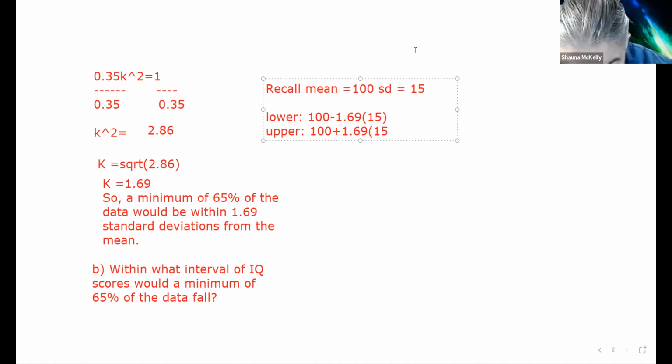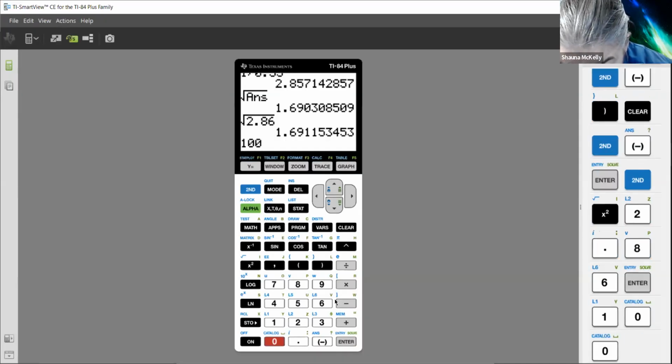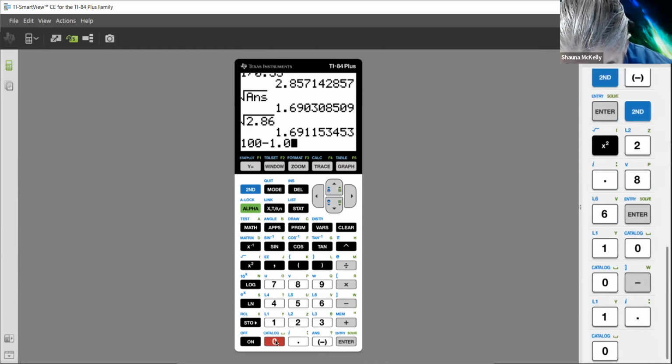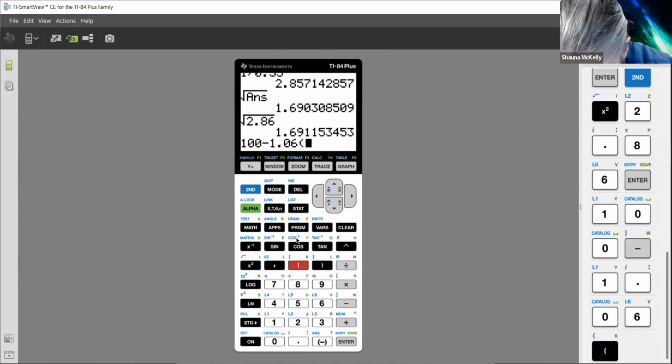Questions about this? No, Shauna, I think I got you. So now I'm just going to do those calculations for completeness. So this is 100 minus 1.69 times 15.